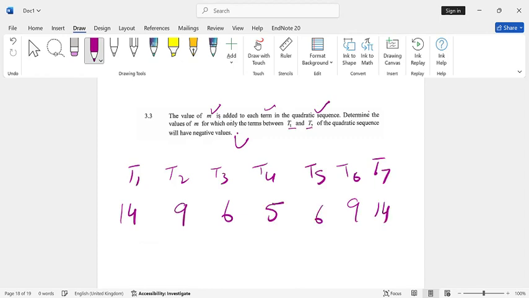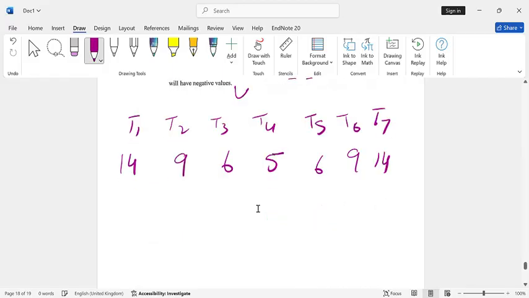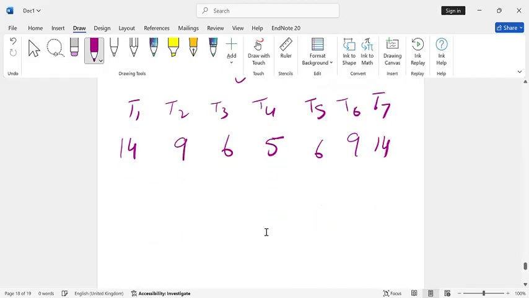Okay, so as you can see, it's like a parabola over here. You can see that it's like that. The midpoint is 5. The highest peak is 14 and it goes down to this point, which is 5, and then increases again.